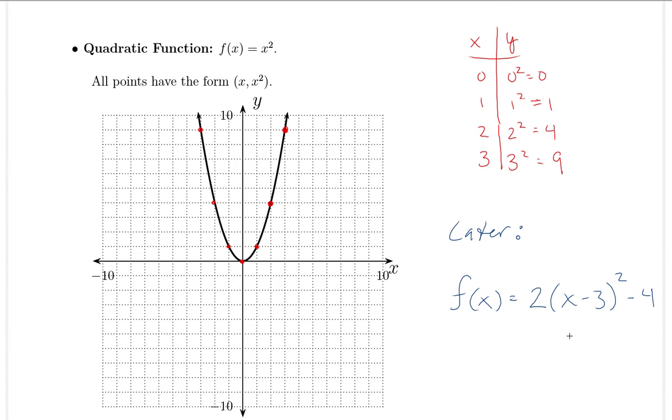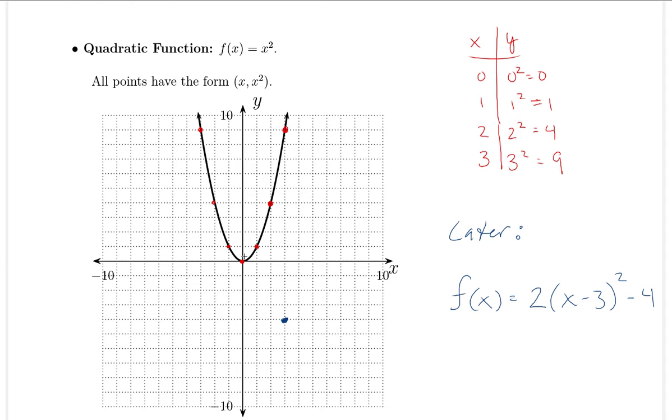So you're going to look at this and recognize, hey, I've got a square here where my x is. So that must mean this looks something like the more simple quadratic function f of x equals x squared. All right, and you'll learn this later, so you don't know this yet necessarily, but I would know by looking at that equation that the vertex, the bottom of this function, should be right here.